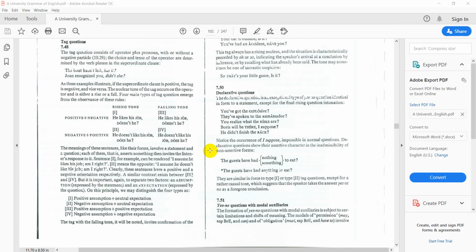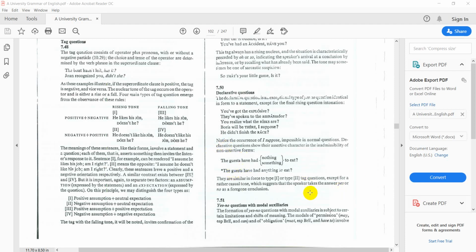Type 1 or type 2, because the expectation is neutral, except for the rather casual tone, because here you have to change your casual tone.